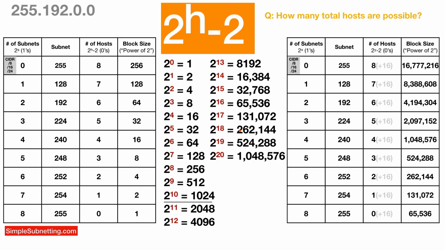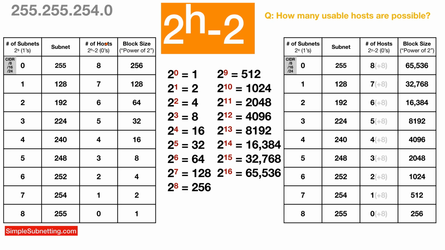Okay, let's do some examples. So let's do this one. How many usable hosts are possible for this subnet mask? So 254, we find it on the chart. And that means there's 1 zero for this one, but then there's 8 here. So it's actually 2 to the 9th. And for 2 to the 9th, this would be 9 and this would be 10. So 9 would be 512, 10 would be 1024.